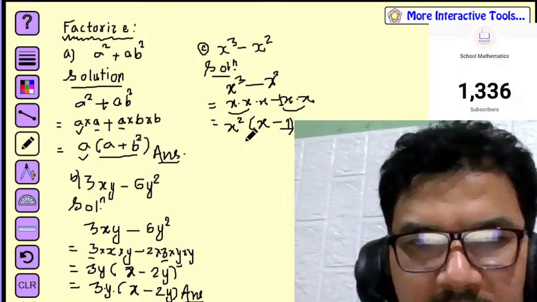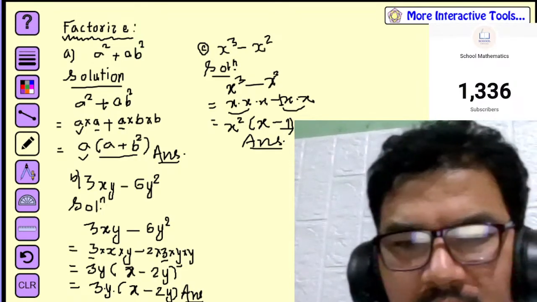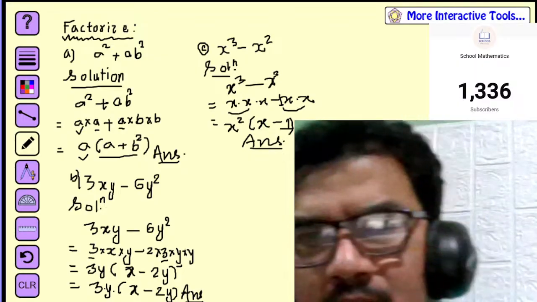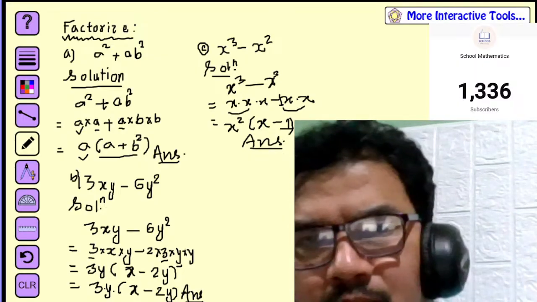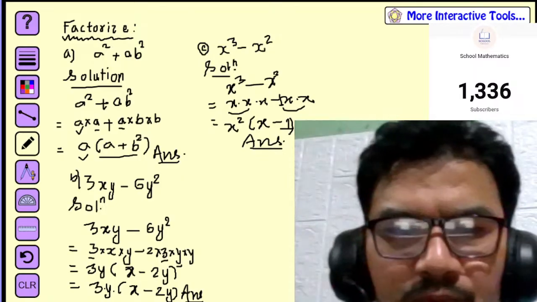This remaining bracket and this is the answer. Right. Now let's move to the next question.